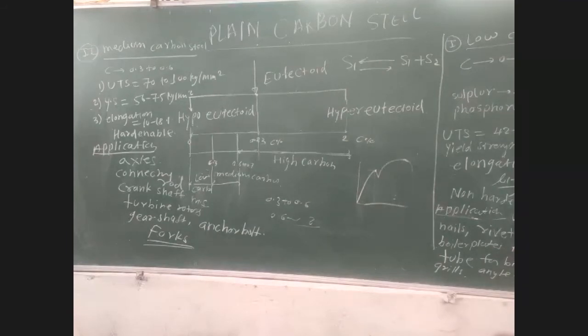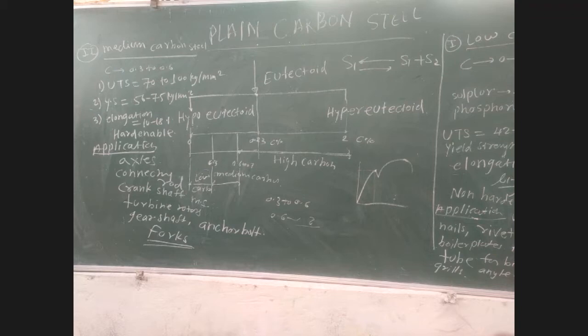Mechanical properties: ultimate tensile strength, yield strength, and elongation. These three you have to remember. It is hardenable, and we can use it for making axles of four-wheelers, connecting rods, crankshaft, turbine rotors, gear shaft, anchor bolt, and fork. So these are the applications of medium carbon steel.